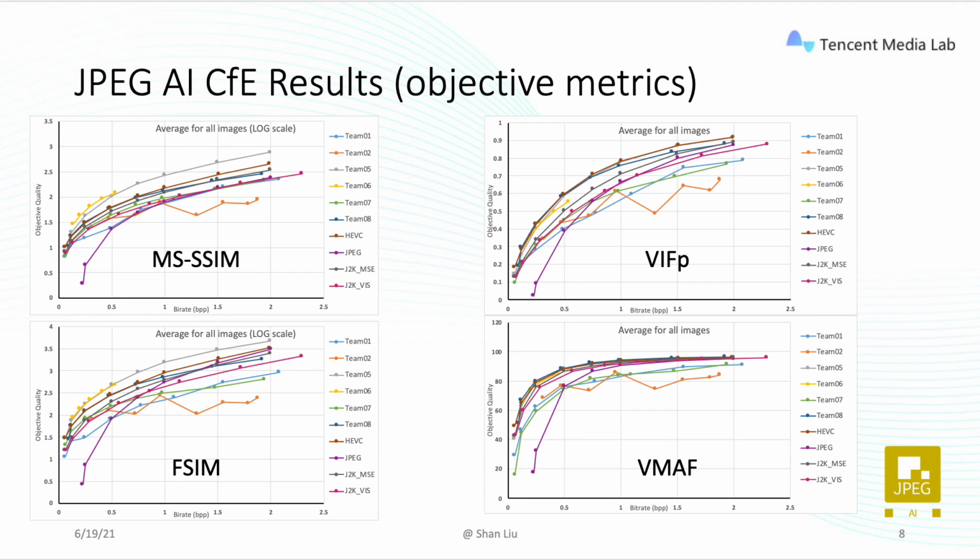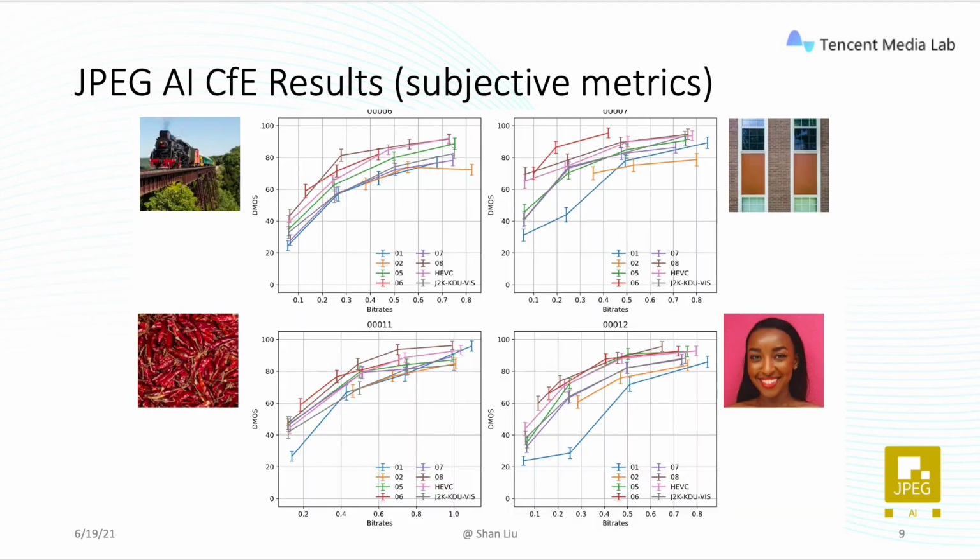This slide shows the objective results of JPEG AI CFE using several objective quality metrics, including MS-SSIM, VMAF, and a few more. And this slide shows the subjective results of JPEG AI CFE, just briefly showing for information.